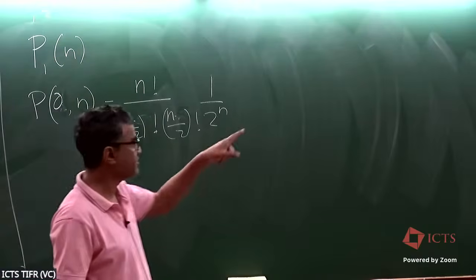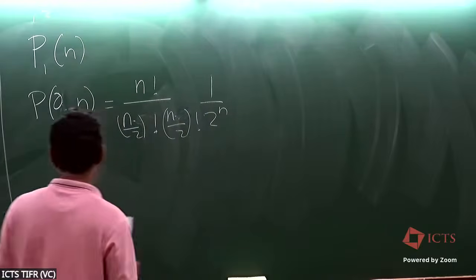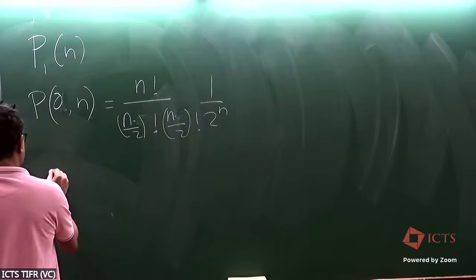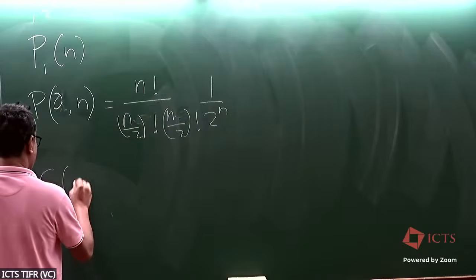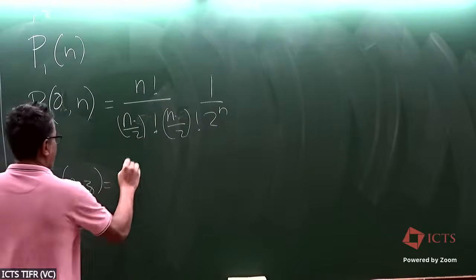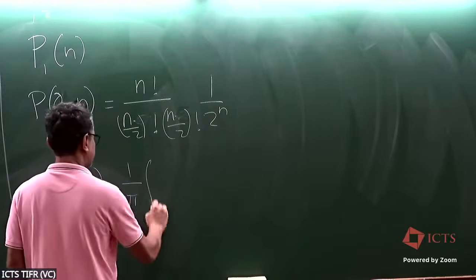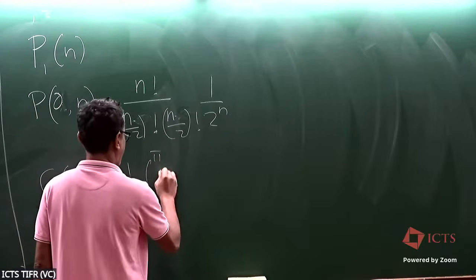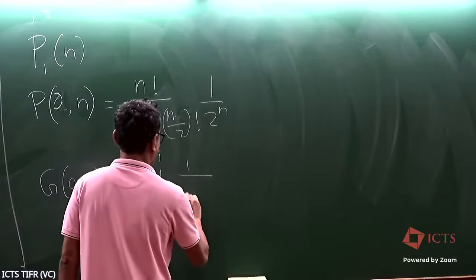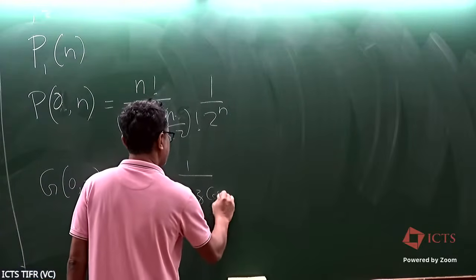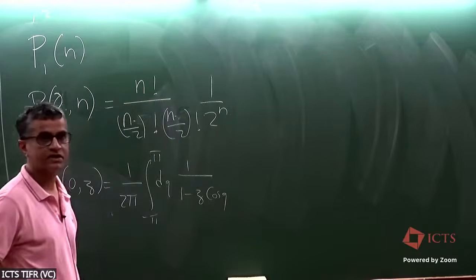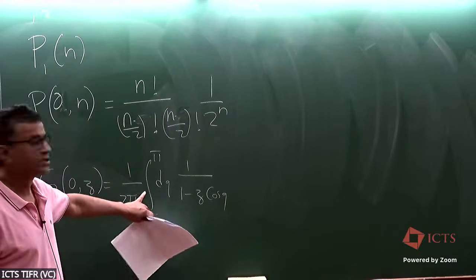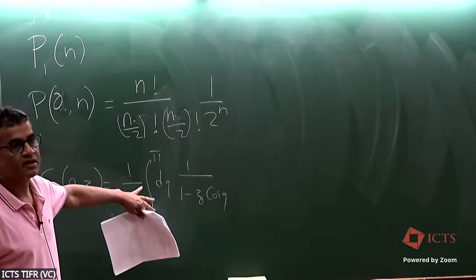Basically we'll use this method of generating functions. And so what we need is g of 0, z. In this case, of course, this is an integral which can be done easily, right?